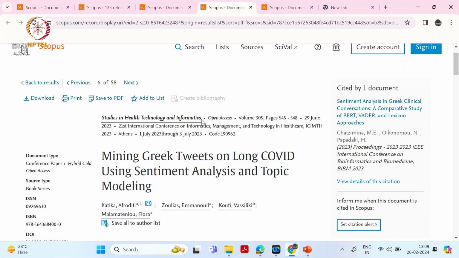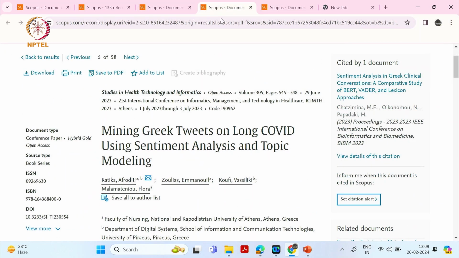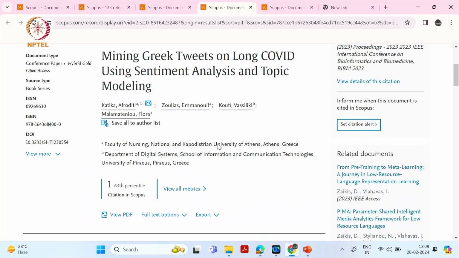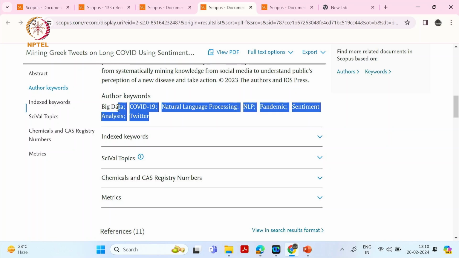So this is one publication and another is this publication. Now let us assume that we have selected the pair of words big data and Twitter. This is one pair of words which are co-mentioned in this particular paper.